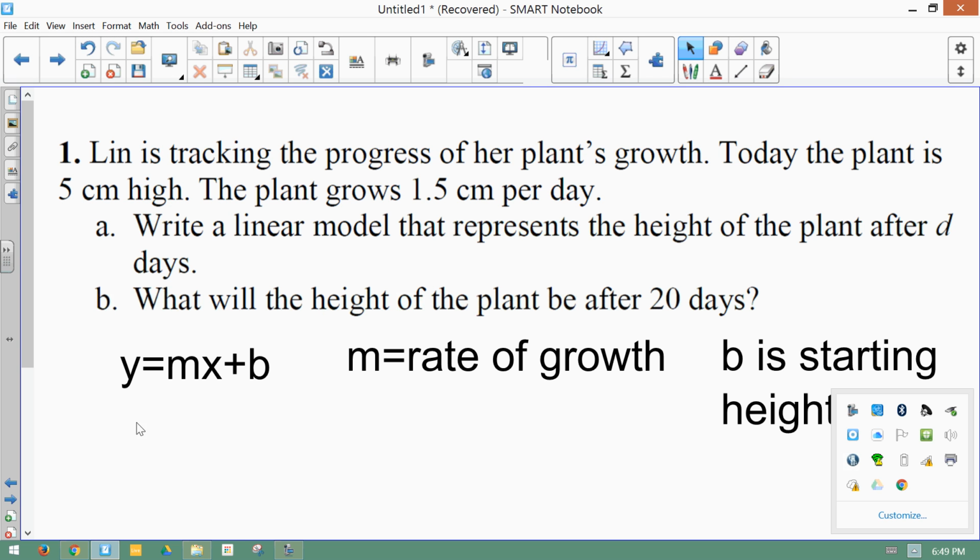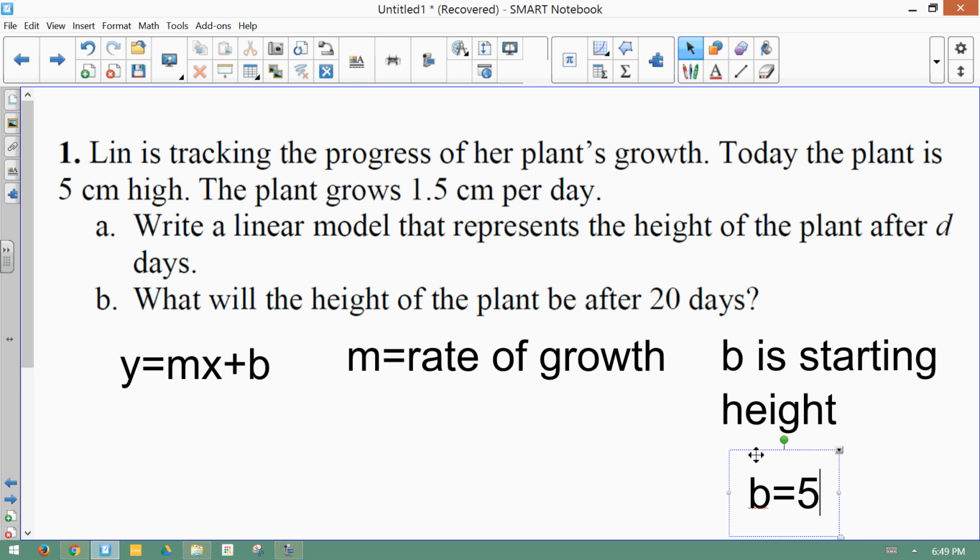Today the plant is 5 centimeters high, so the starting height, B, is equal to 5. And the rate of growth, M, is equal to 1.5 per day. So let's substitute in the equation.